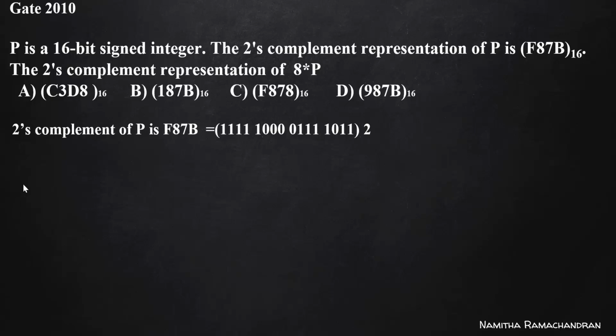Here we can follow a simple method, that is, this binary we can multiply directly using the 2's complement of 8. This 8 is actually in its decimal representation.